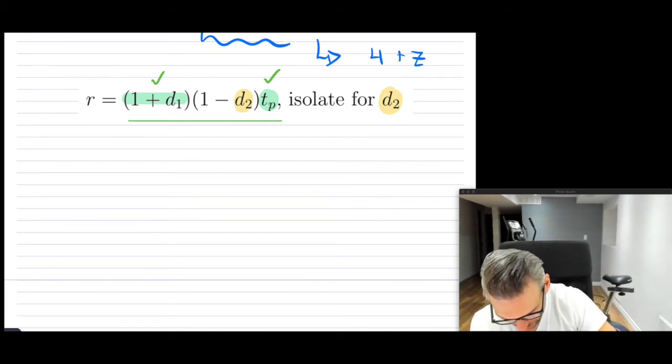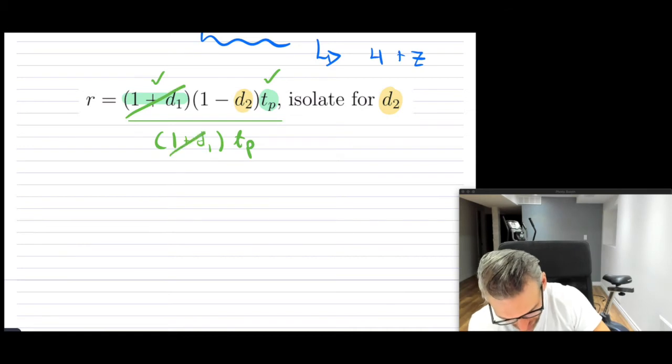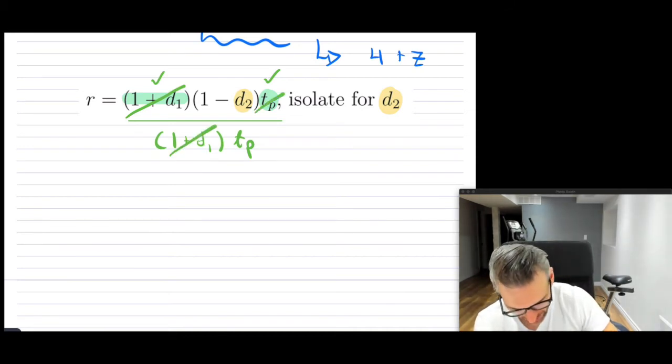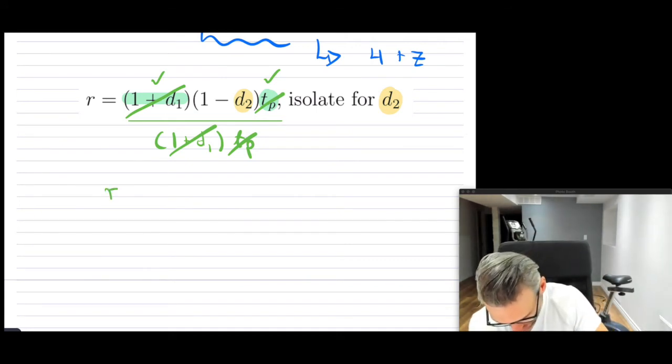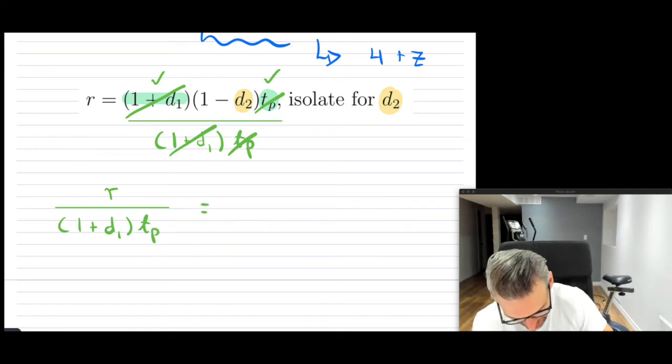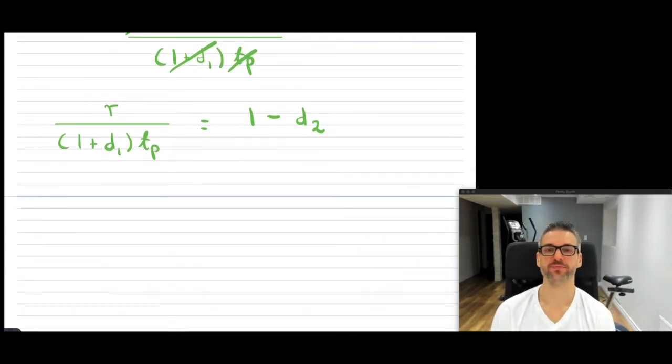I'm going to get rid of the 1 plus d1 and then the tp. Notice it's going to cancel this out and it's going to cancel this out. And of course I have to do that on the other side as well. So what I'm going to get on the other side is the following. I'm going to have r and then 1 plus d1 and then tp is equal to, and all I have now left is this.